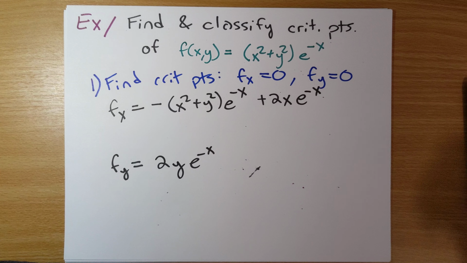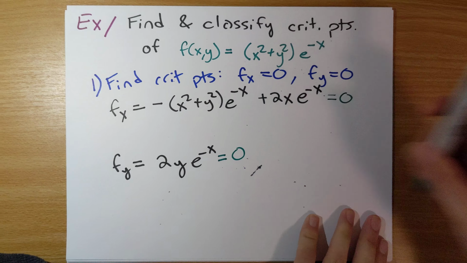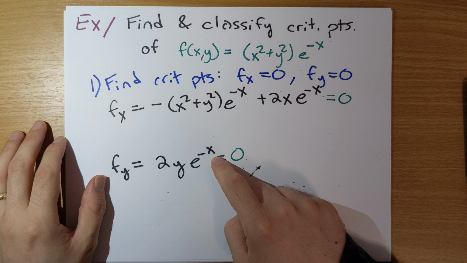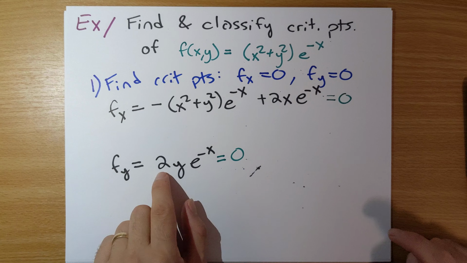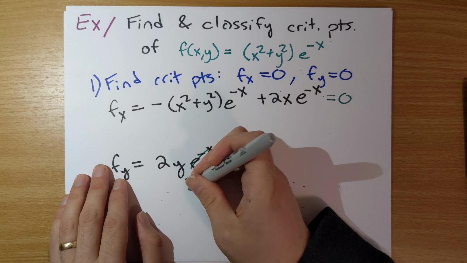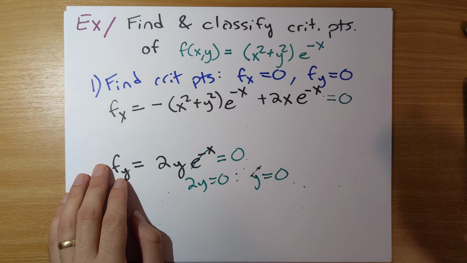Okay, so we found the partial derivatives. Let's set them equal to 0. e to the negative x is never going to equal 0, and so the only way that we get something equal to 0 is y equal to 0, which shows us that we must have y equal to 0.